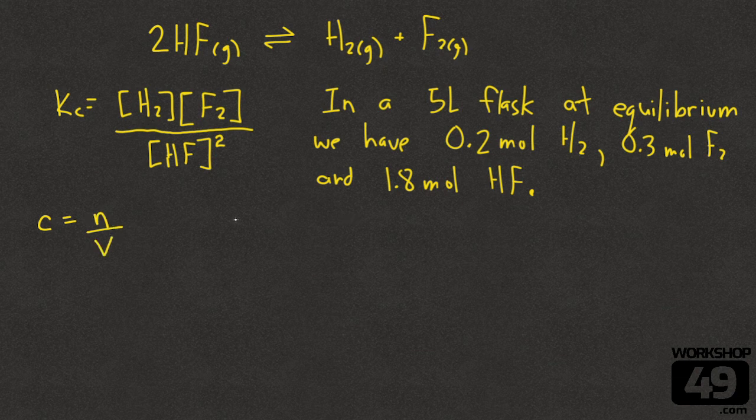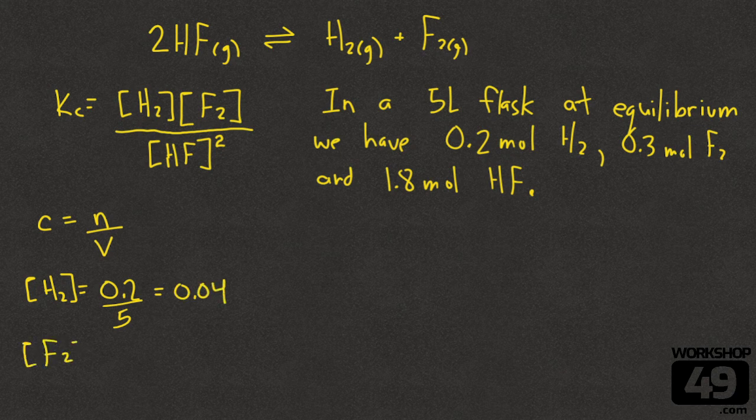In order to get the concentrations, concentration is equal to the number of moles divided by the volume. So our concentration of H2 is going to equal 0.2 divided by the volume of our flask, 5. So this one's going to equal 0.04, and our concentration of F2 is going to equal that 0.3 divided by 5, which is 0.06.